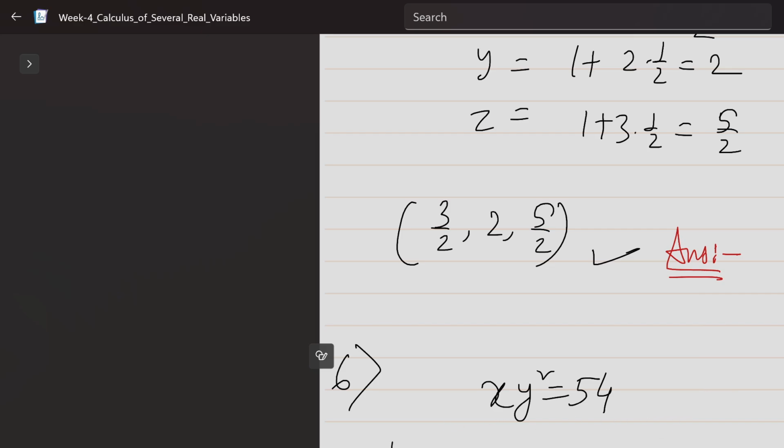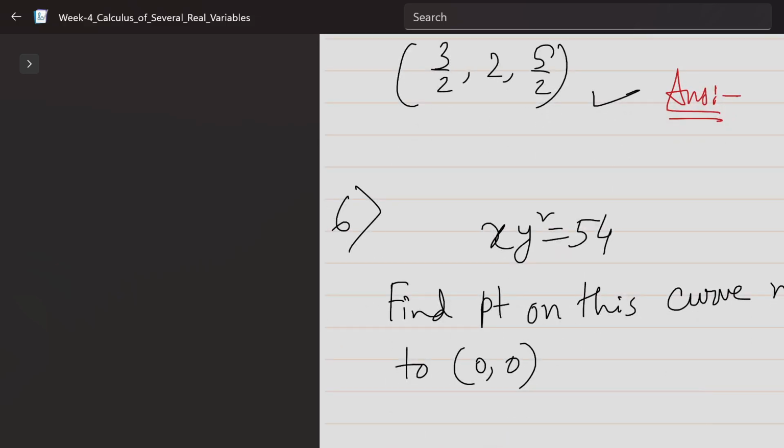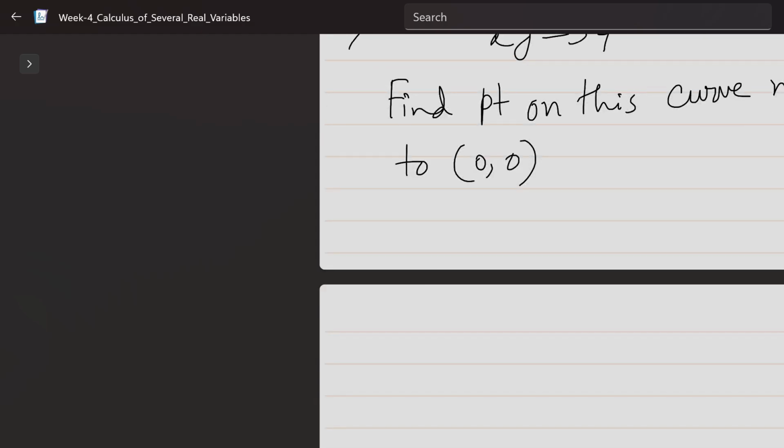You have to find the point on this curve nearest to 0, 0. This is a 2D curve, not 3D, x comma y.